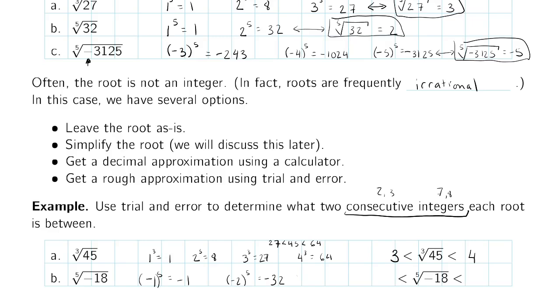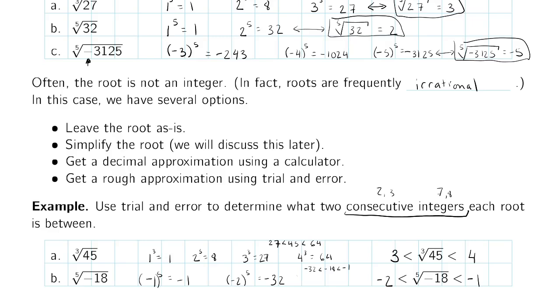Negative 32 is less than negative 18 is less than negative 1. So that means the fifth root of negative 18 has to be between the number whose fifth power is negative 32, so negative 2, and the number whose fifth power is negative 1, that's negative 1. The fifth root of negative 18 has to come between negative 2 and negative 1.